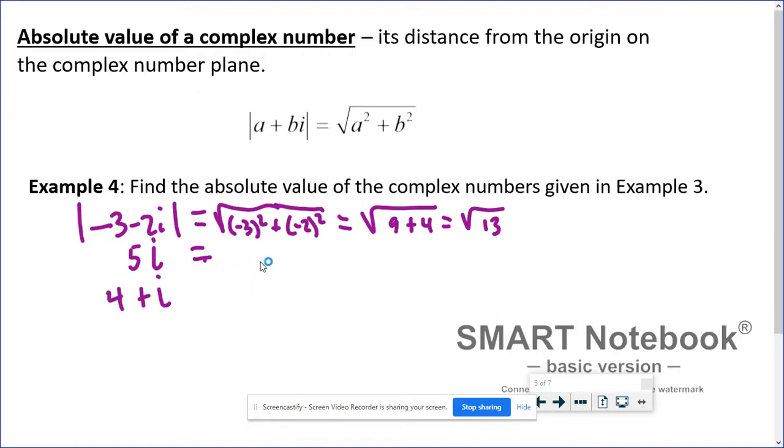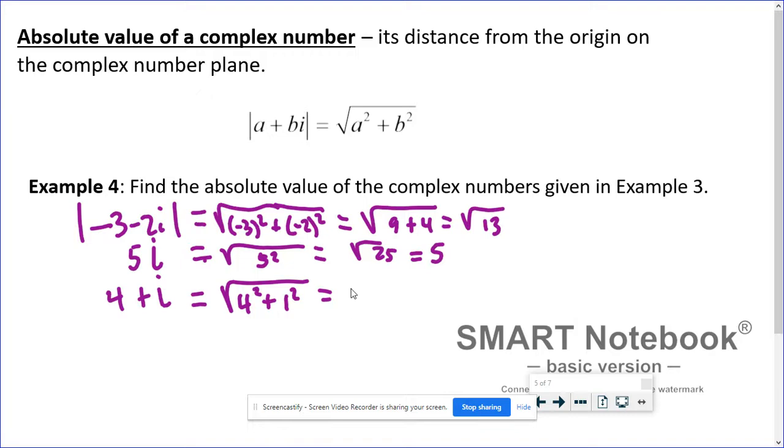5i, there is no a. B is 5, so it's square root of 5 squared, which is the square root of 25, which is 5, which is what we thought when we looked at the graph. For 4 plus i, it's the square root of 4 squared, plus when it's just i, it's as if the b value is 1, so 1 squared.